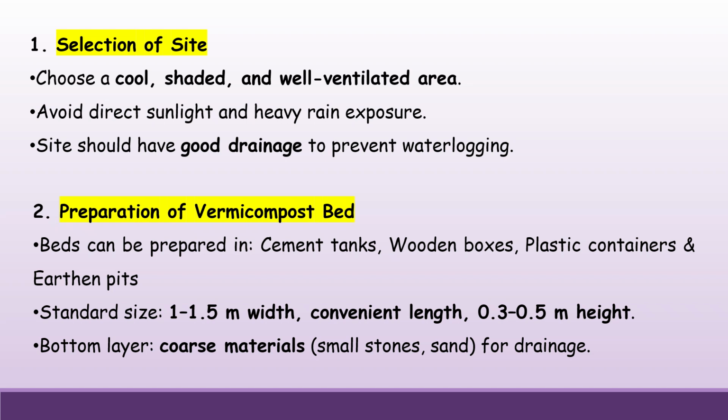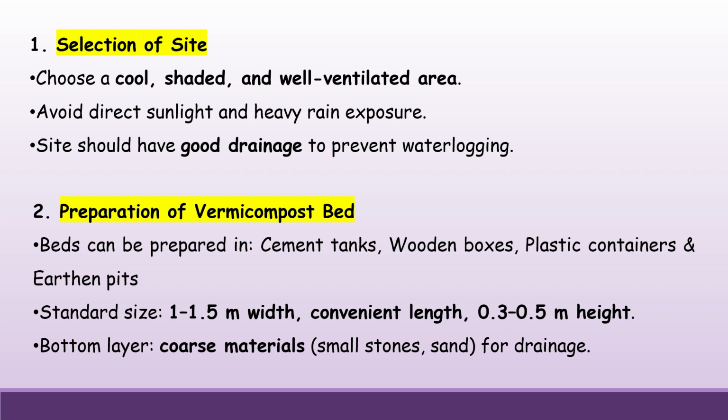Okay, after choosing this bed, like cement tanks or wooden boxes or plastic containers or whatever, the bottom layer is supposed to be filled with coarse material, that is small stones and pebbles or sand.